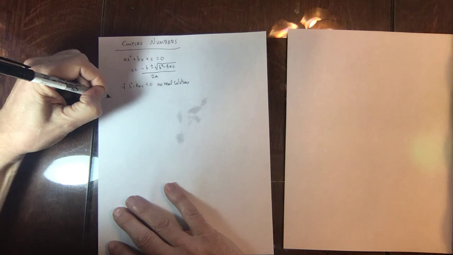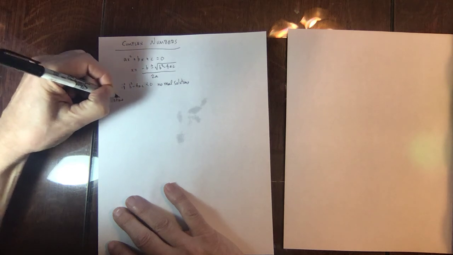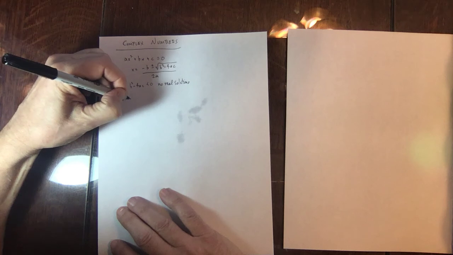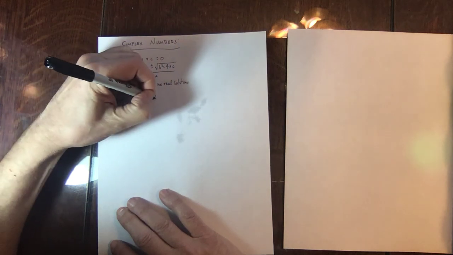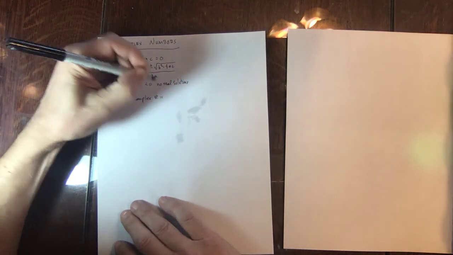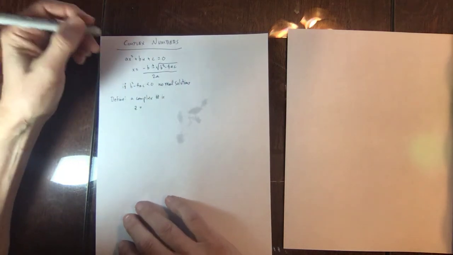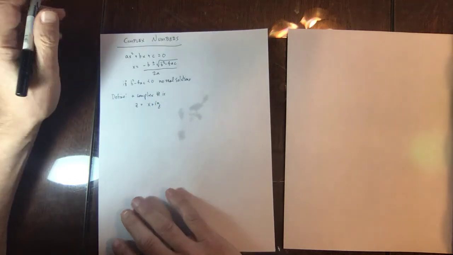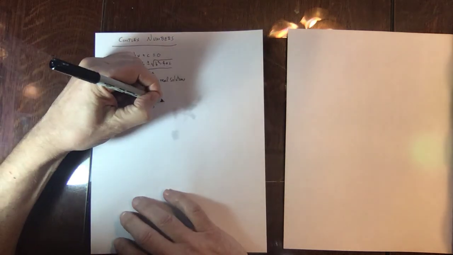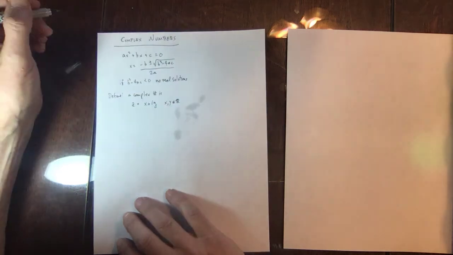So we could start out by defining, let's do it this way, I will define a complex number. It is anything of the form, we usually use z for complex numbers, z = x + iy, where x and y are elements of the real numbers.